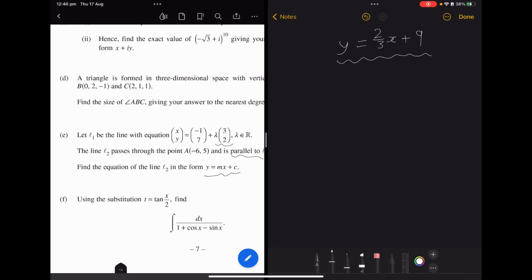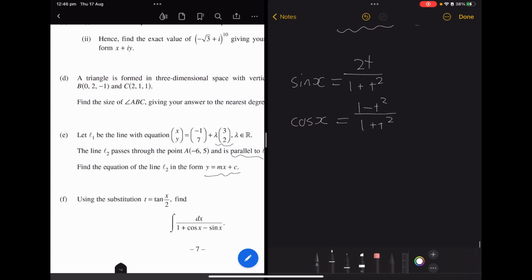You might just have to memorize these later on, but we have sin x = 2t/(1 + t²). Cos x = (1 - t²)/(1 + t²). And finally, we can rewrite dx as 2/(1 + t²) dt.